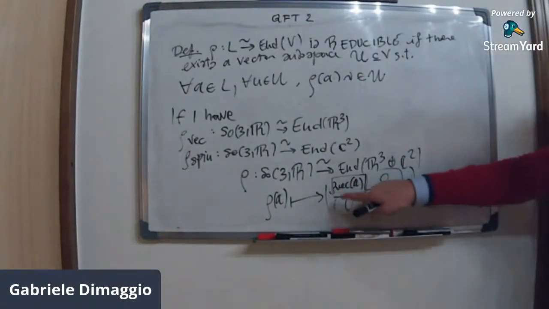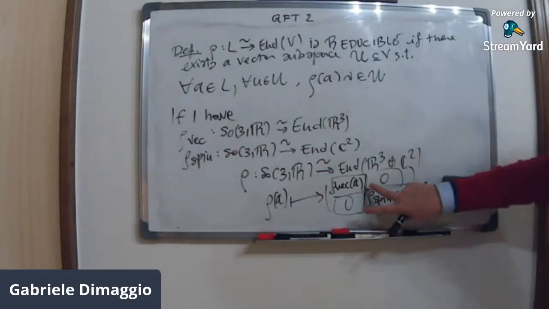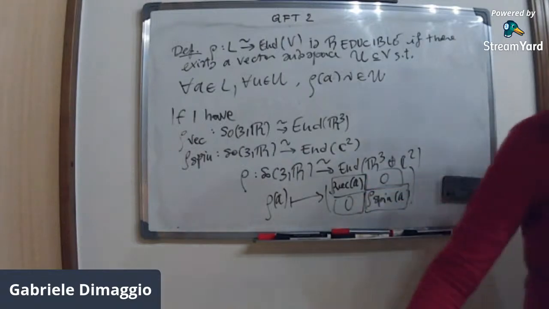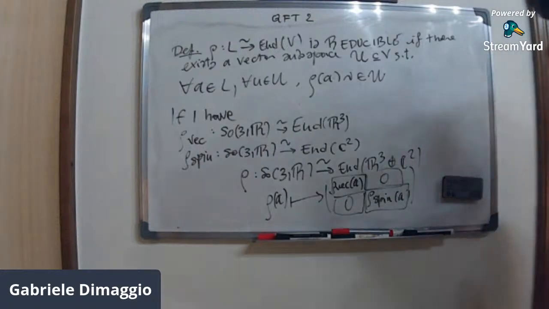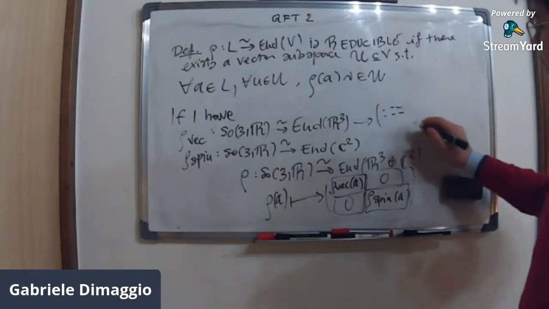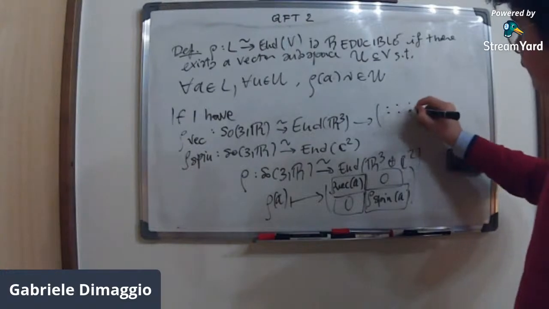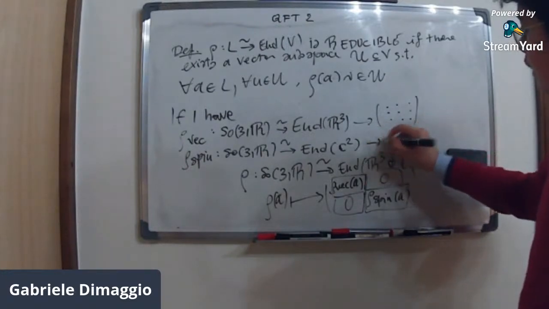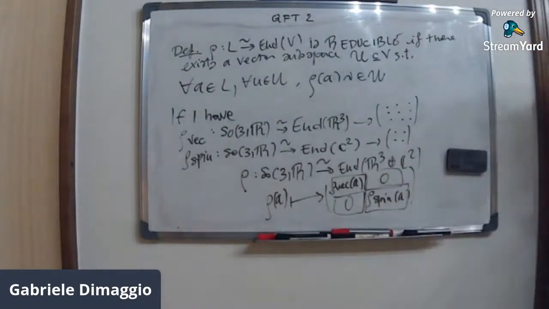So here the vectorial representation, here the spinor representation, and here 0 and 0, so the zero matrix. Of course, in the first case, I have three by three matrices, and here I have this. Okay. Perfect.